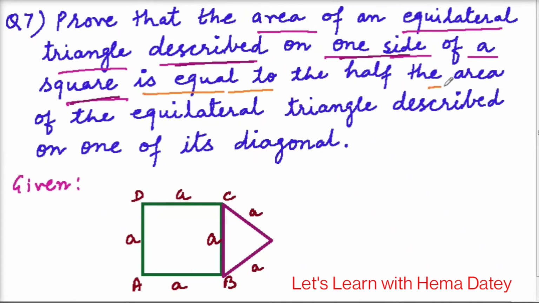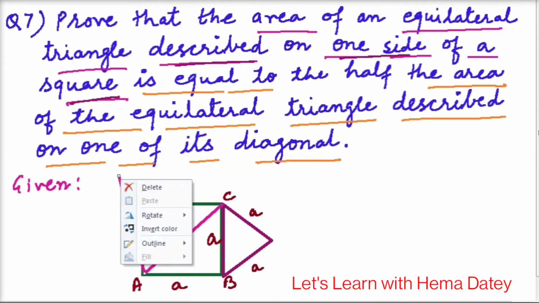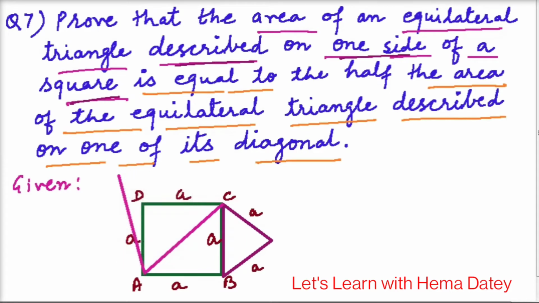Let's read the next part of the question: is equal to half the area of the equilateral triangle described on one of its diagonals. So let's draw a diagonal AC of the square, and we will draw an equilateral triangle which has all sides equal to the length of the diagonal of this square.